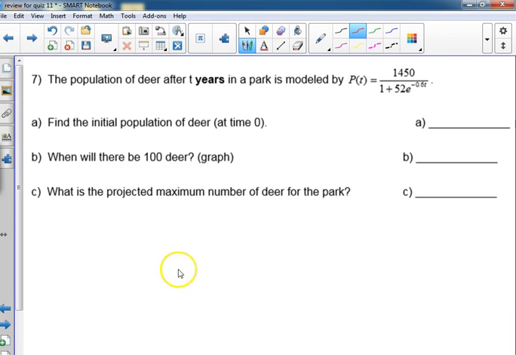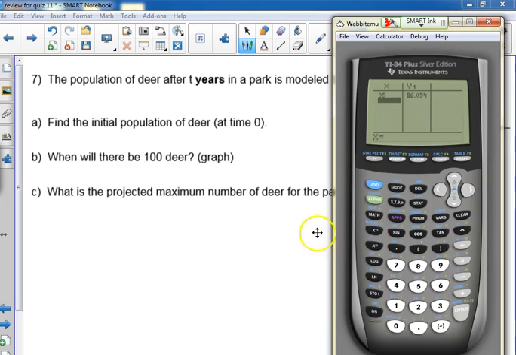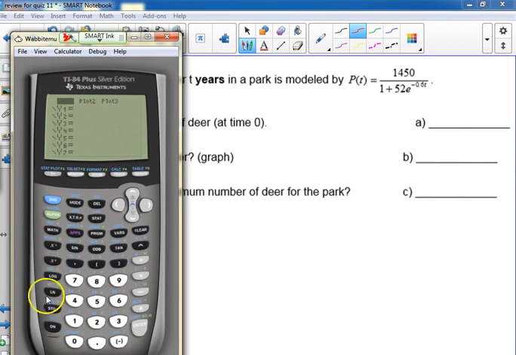Okay. We need to type this one in our calculator. You're going to want to turn your stat plot off if you turned it on. 1450 divided by... Do you have a question over there, guys? Oh, I'm putting it in the wrong spot. Alyssa, Andrew, anybody have a question? You're good.